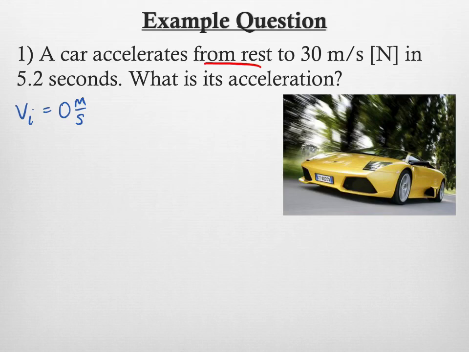Okay, what's next? It accelerates to 30 meters per second. Another piece of information, that's probably our final velocity. So that is 30 meters per second, and that's north, which is a positive direction, so I'm just going to keep it positive. And that happens in 5.2 seconds.